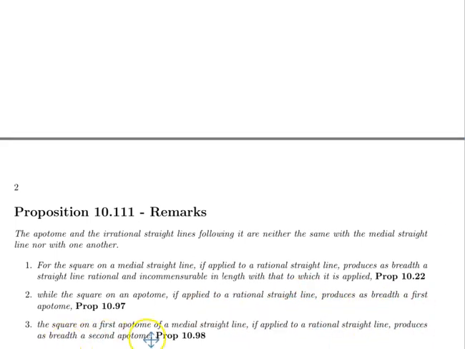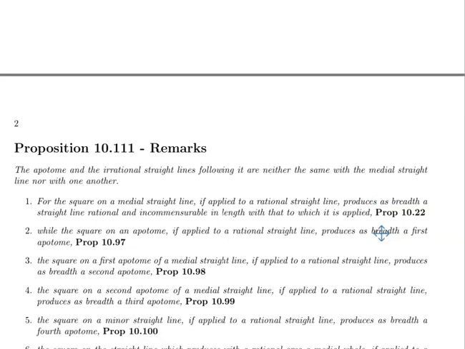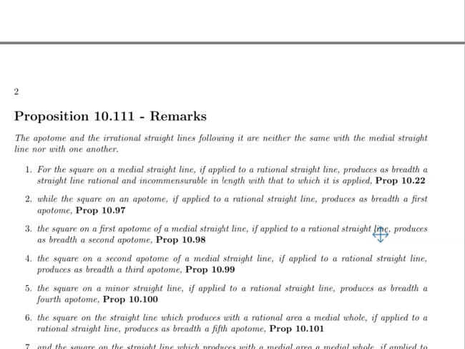The square on a first apotome of a medial straight line, if applied to a rational straight line, produces as breadth a second apotome. The square on a second apotome of a medial straight line, if applied to a rational straight line, produces as breadth a third apotome. The square on a minor straight line, if applied to a rational straight line, produces as breadth a fourth apotome.